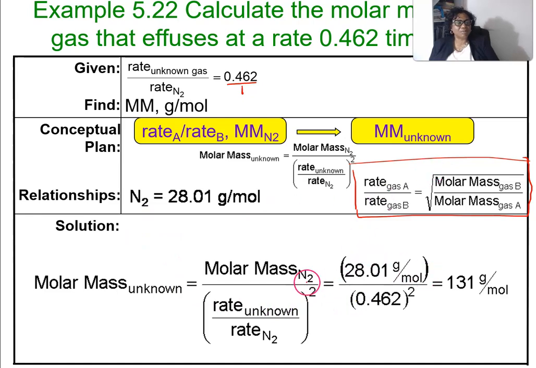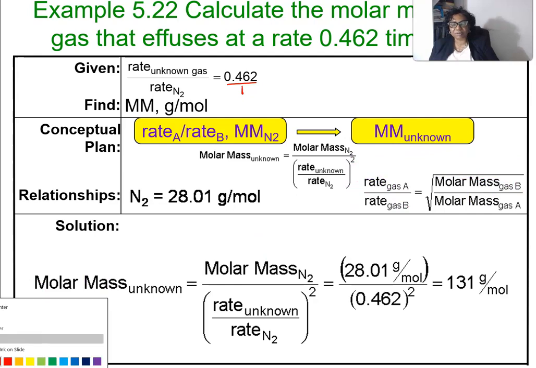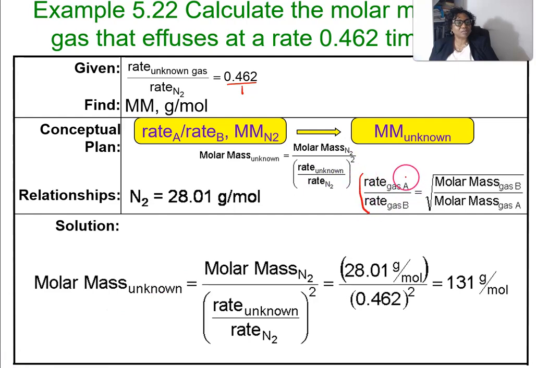So how did they get this thing squared? In order to solve this, we want to remove the square root. So what we'll do is square this and square this. When we do that, the square root will come out of this part, but this will be squared.